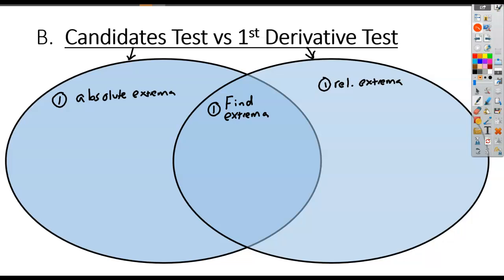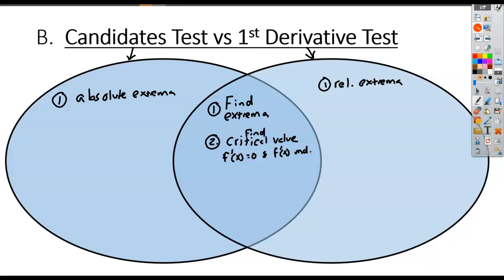Now, both of them require you to find critical values. So you have to find where the derivative equals 0 and where the derivative is undefined. Okay, for both of them.